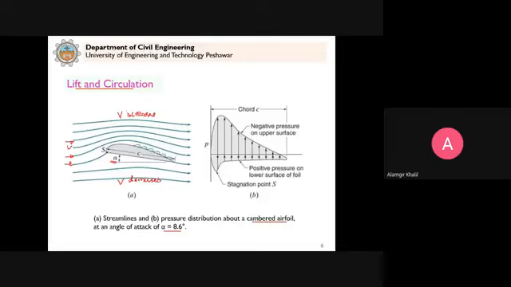So from this diagram we can see that velocity increases at the top, and at the bottom surface of this object velocity decreases. According to the Bernoulli equation, if velocity increases, then pressure P should decrease.